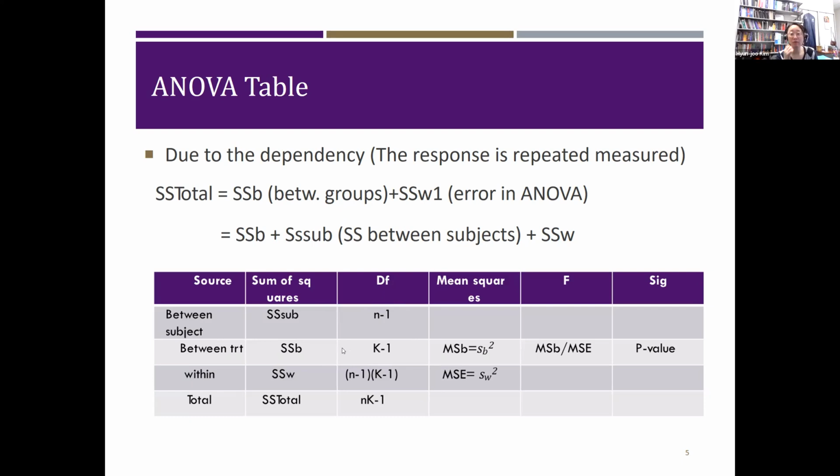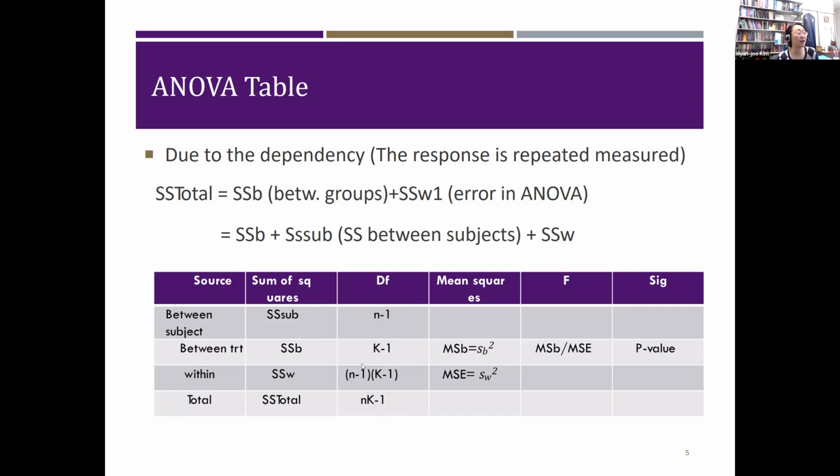The degrees of freedom of total is always the total number of data minus 1, which is N times K minus 1. Just like the sum of squares, if you add the degrees of freedom of between subject, between treatment, or between groups, and the error, it should equal the degrees of freedom of total.